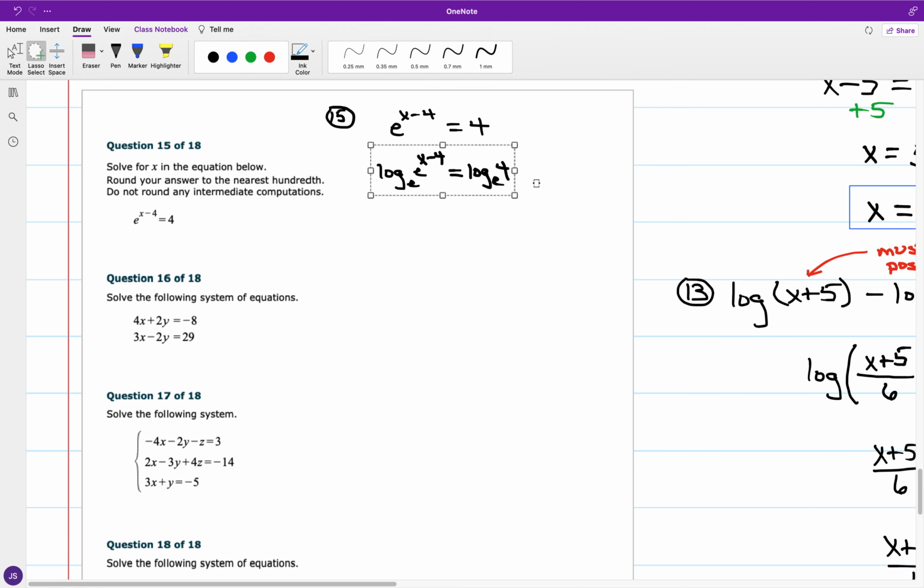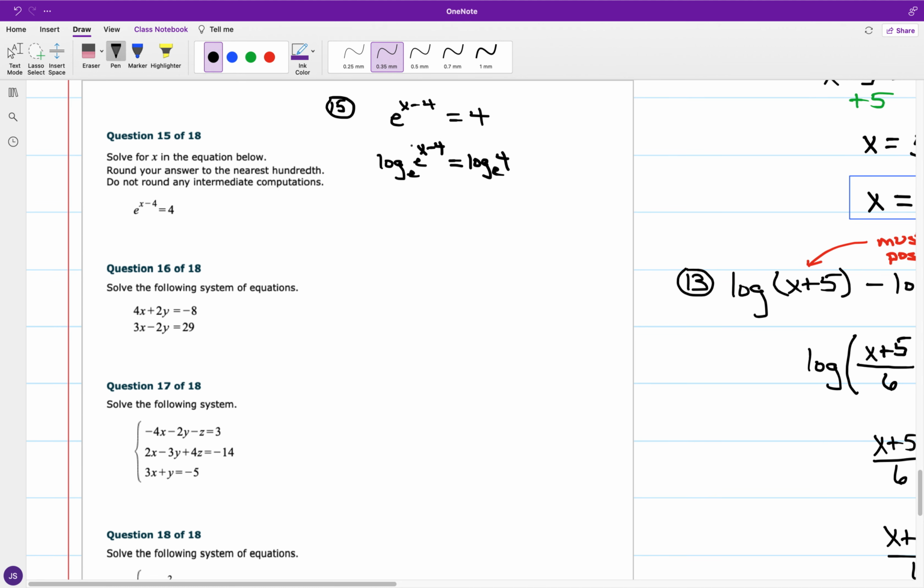And so on the left, the base e logarithm of e to the x minus 4 would be x minus 4. And for the base e logarithm of 4, again, the base e logarithm is going to be a natural logarithm.